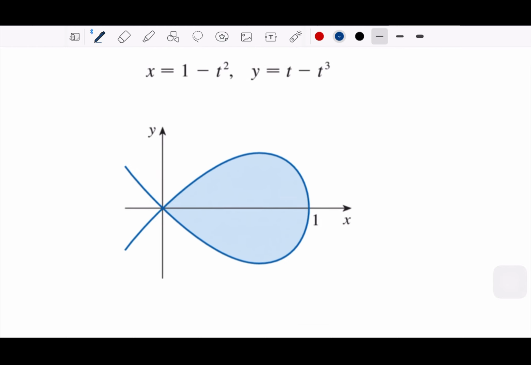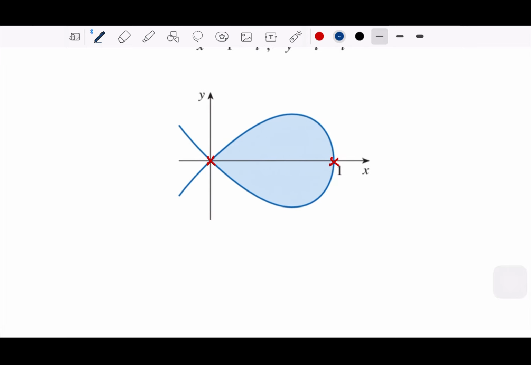So at least we would like to know this part and this part, right? Or we can first write the Cartesian integral. So we can write the area as twice the integral from 0 to 1 of y dx. Okay, we can write this first. This is the key.